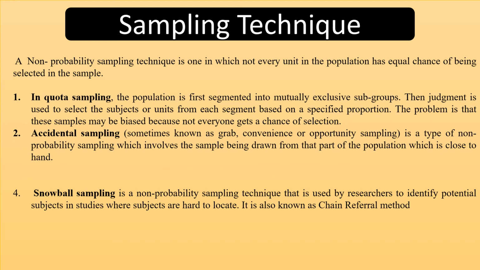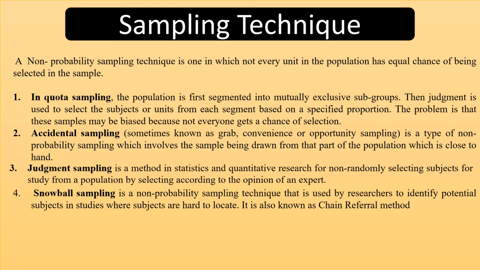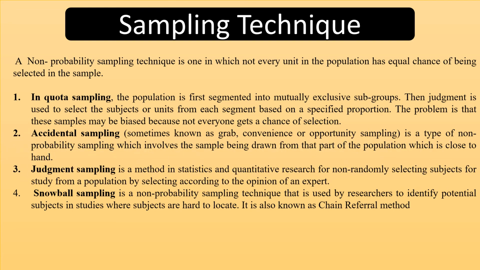The next one under non-probability sampling techniques is accidental sampling, which is known as grab or convenience or opportunity sampling. It's a type of non-probability sampling which involves a sample being drawn from the part of the population which is close to hand. Also, we have judgment sampling.